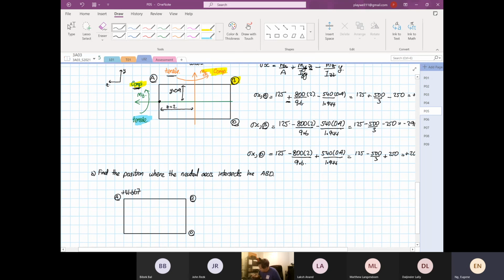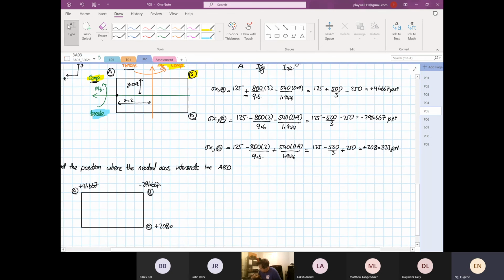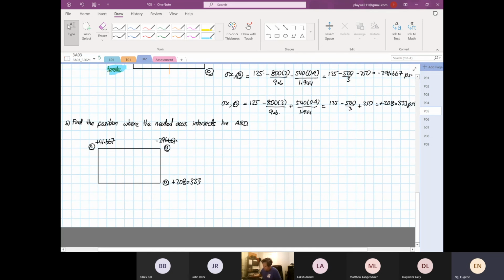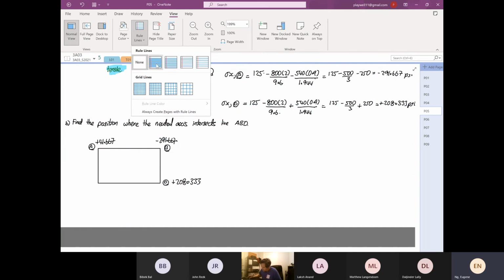Point B is negative 291.667, and point D is positive 208.333, all in psi. So as I said, we're going to use very simple math. For this, we are not going to apply the formula. We just do simple math.